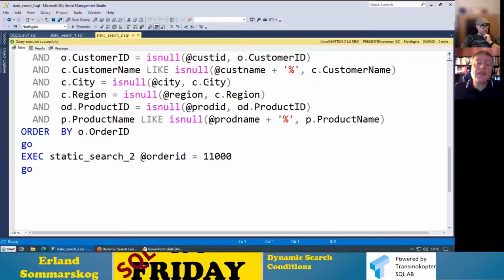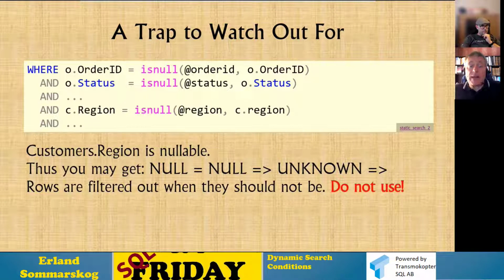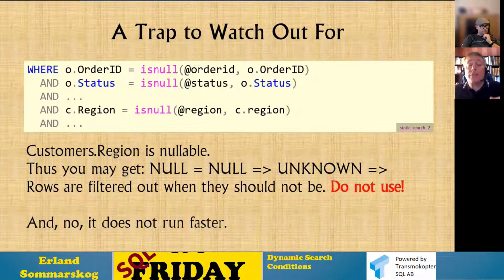In this case, of course, it has to be the same unknown value because it's the same column, but there is no special room for that. So the outcome of this comparison is unknown, and therefore this row is filtered out. So this is a trap, and do not use this pattern. And no, it does not run faster, because it has exactly the same problem. It's one single cached query plan.